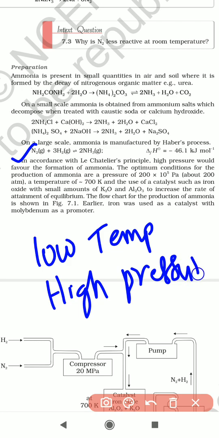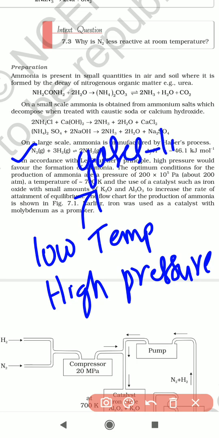At low temperature and high pressure, we can easily convert gaseous components into liquid state. So this principle works for gases being converted into liquids.